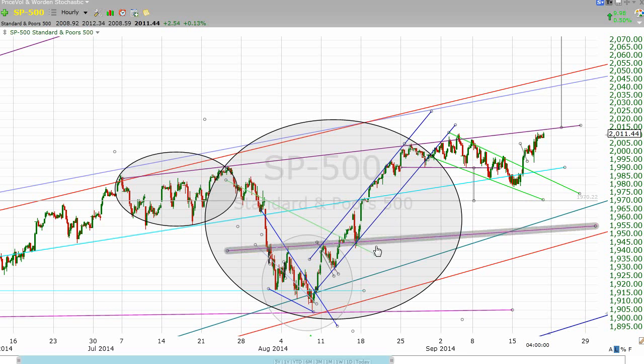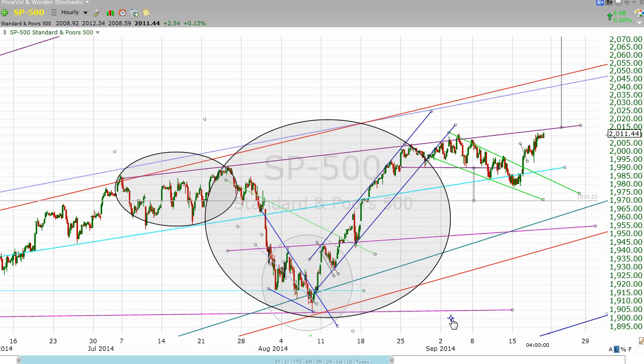That's what I'm doing, and the reason is pretty simple, because that's really where we get that first reactive move before we break our little channel here. And then over on the right side of the chart, we have what would be the right shoulder.